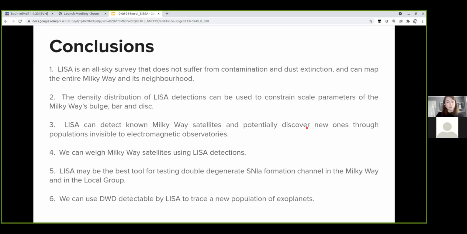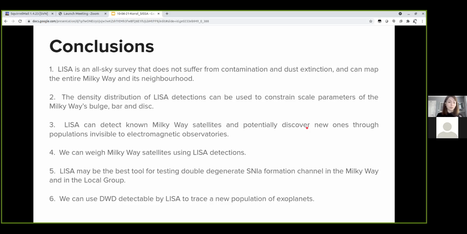I also showed you that we can detect Milky Way satellites with gravitational waves and potentially discover new ones that are invisible to electromagnetic observatories. And we can weigh those satellites by LISA detections. I also showed you that LISA may be our best tool for testing the double degenerate formation channel for type 1a explosions, and that will be possible in the Milky Way and in the local group.